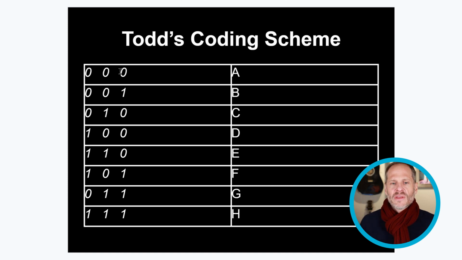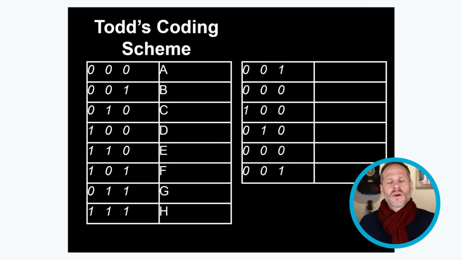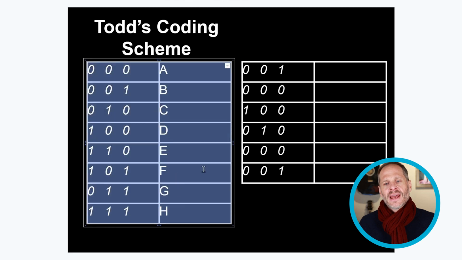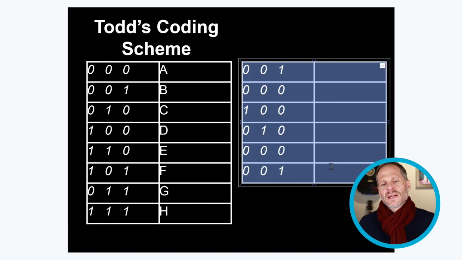And so if we have 3 of them in an off state, right, 3 circuits, 3 switches, 3 transistors in an off state, we could just randomly say that means the capital letter A. And if 3 of them are in an on state, we could say that randomly means a capital letter H, right? And so if we came up with this coding scheme, where here's our coding scheme over on the left, and we had this series of 0s and 1s over on the right, what would that translate to?